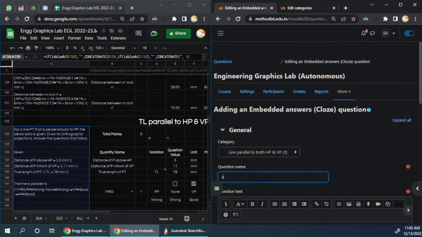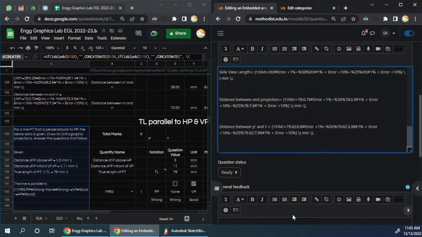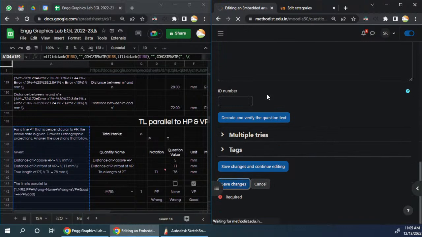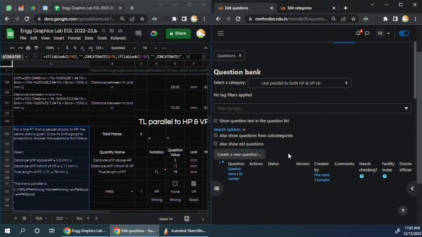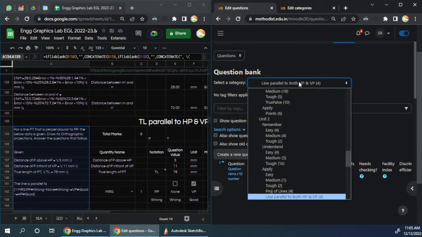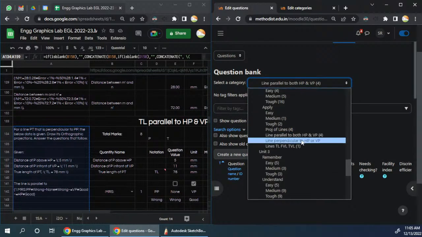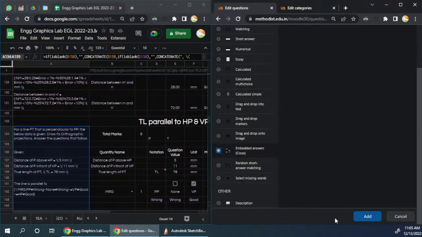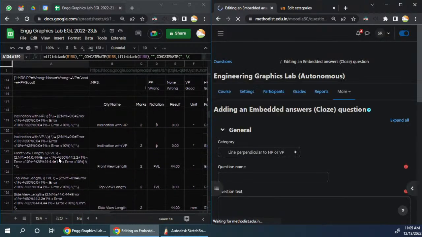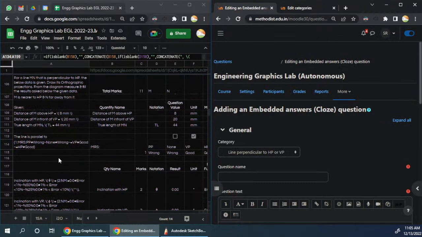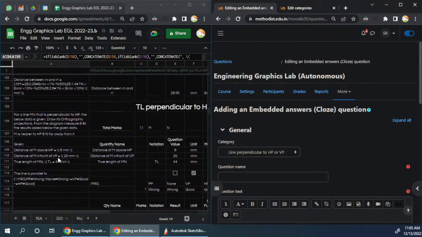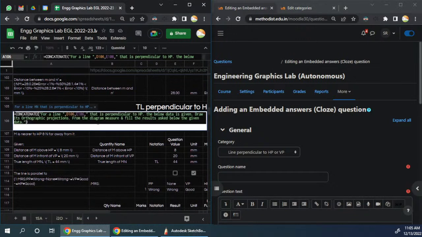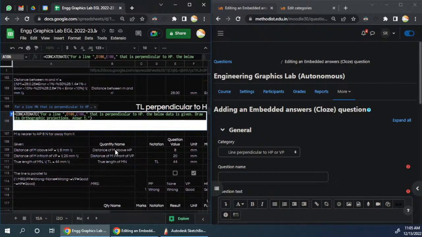It's 4 questions. Alright, so we have 4 questions where it's parallel to both HP, VP. And we've got to go for perpendicular to HP or VP, and another close type question. Answer the questions that follow.